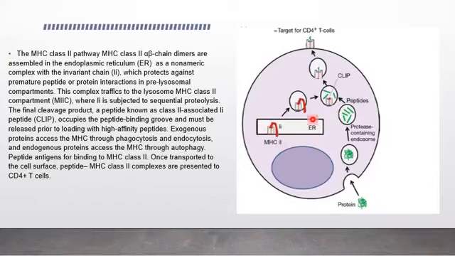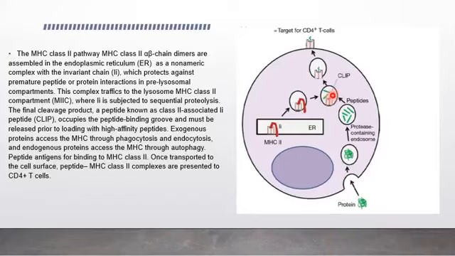In the endoplasmic reticulum, like MHC class 1. They have alpha and beta chains, and the MHC class 2 molecule is associated with a third protein chain called the invariant chain, which then binds to the groove of the MHC class 2.